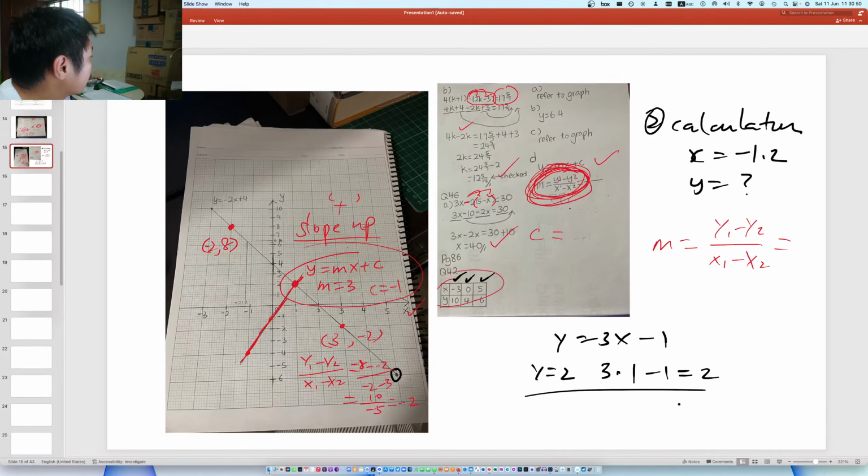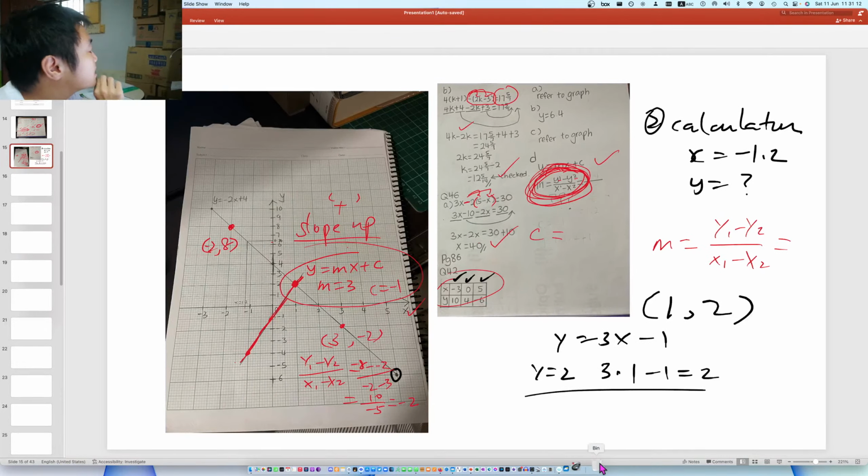Which point? There are many points on the line. The point given in the question. Wait, which one? 1, 2. Yes. Okay, good. So basically, you apply the 1, 2. You need to be specific.